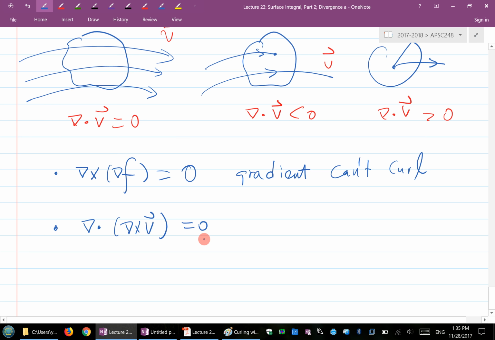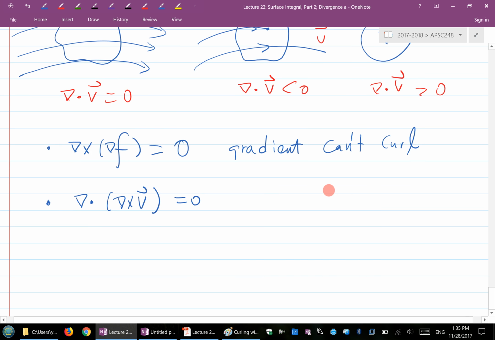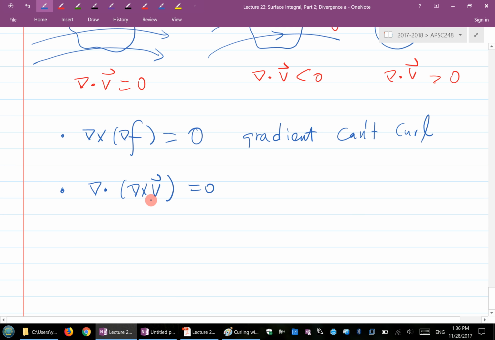Now this actually has something to do with the divergence theorem that we're going to cover after this one. I'm not going to explain this for now, but you can use a similar language. The curl, whose divergence will be 0, any curl, right?